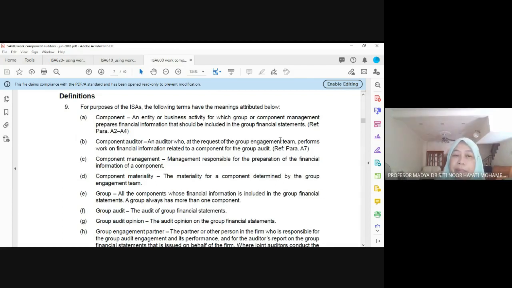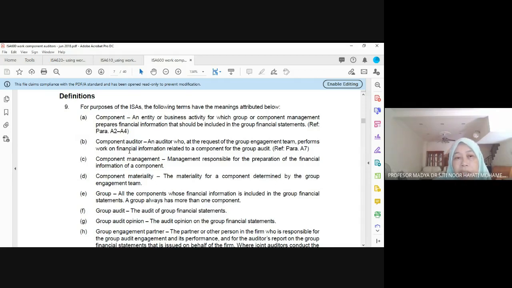Now, before we go into detail, let's look at the definition here. When we say component, component is actually referring to the business and the individual company. Let's say in a group, we have a holding company, and then this holding company has subsidiary 1, subsidiary 2, which I say S1, S2, and then perhaps another one, associate company A1. Each of these companies may have their own auditor.